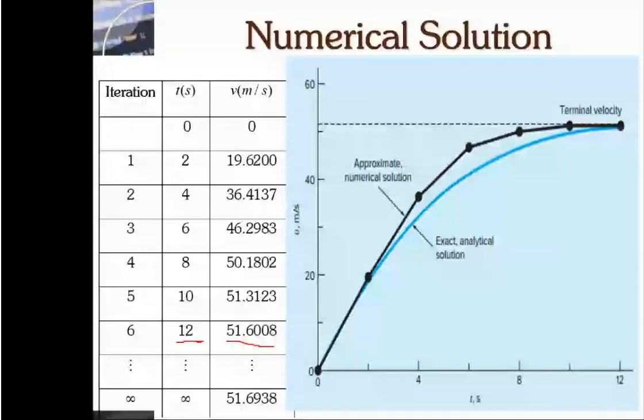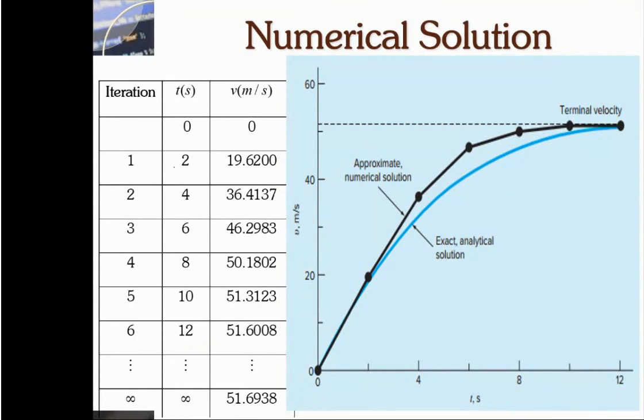So in comparing the results that we had, that was from the calculus approach and that of the numerical approximation. The calculus approach is the one that has been given in this blue line, that is this curve, and the numerical approximation, that is this solution, is the one that has been plotted in the black line.